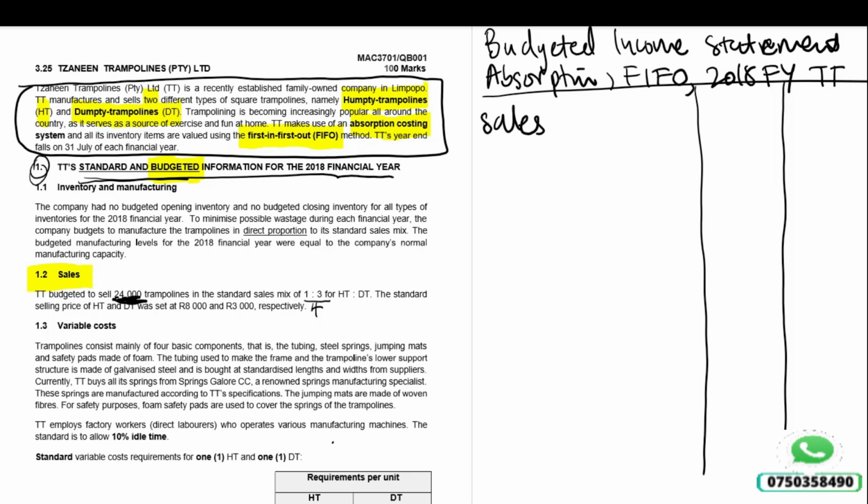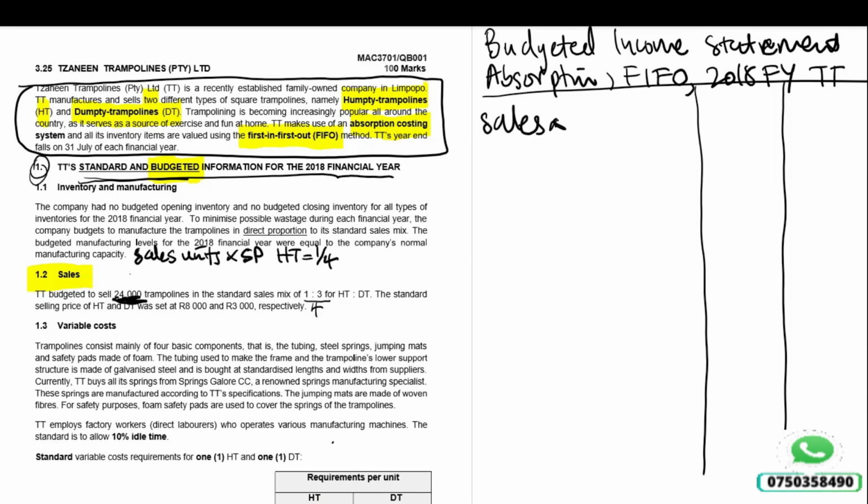For us to get the sales revenue, we must say sales units multiplied by selling price. For us to calculate the sales units of HT, I'll have 1/4, not 1/3.